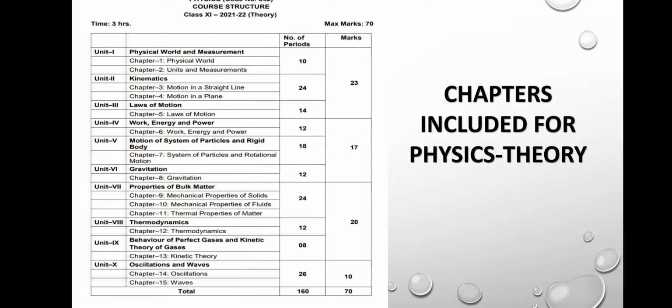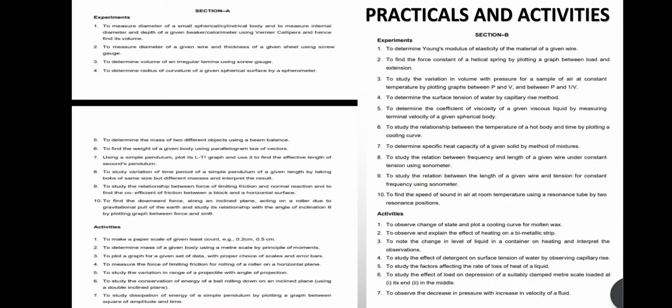In unit 9 you have behavior of perfect gases, which is under kinetic theory. And then in unit 10 you have oscillations and waves, which include chapters 14 and 15. So these are the chapters included for theory, and you will be having them for 70 marks in your final exam, all these chapters.